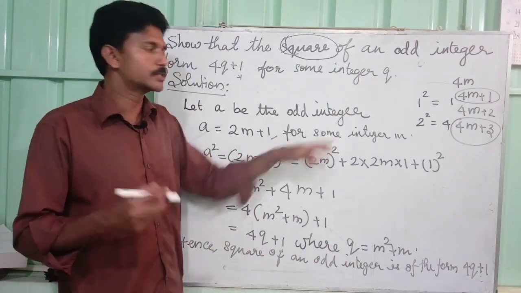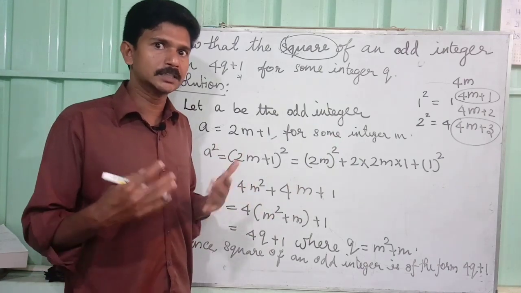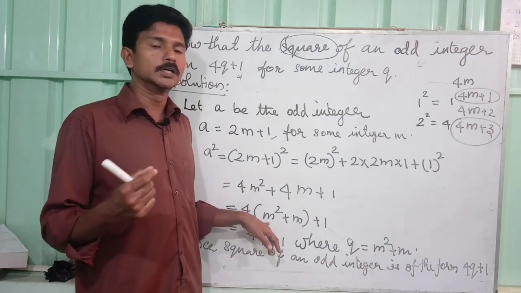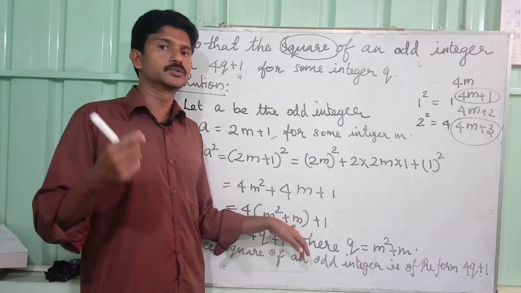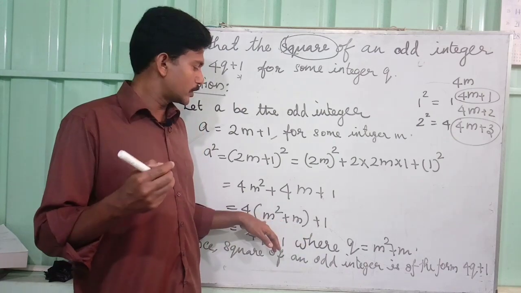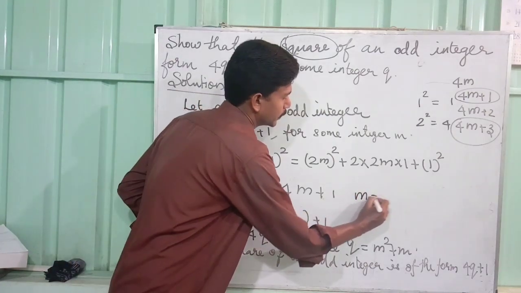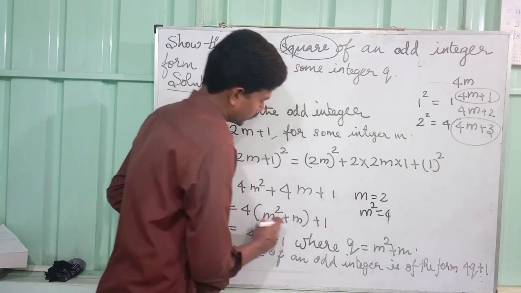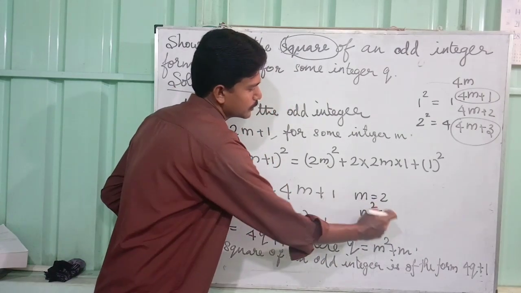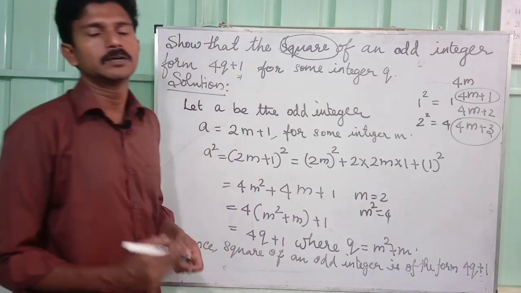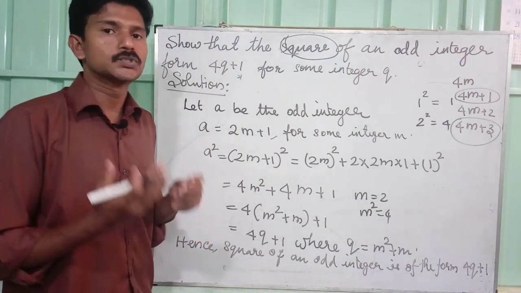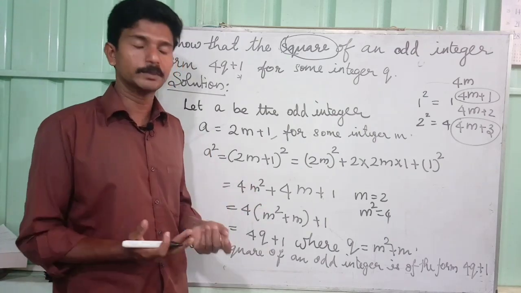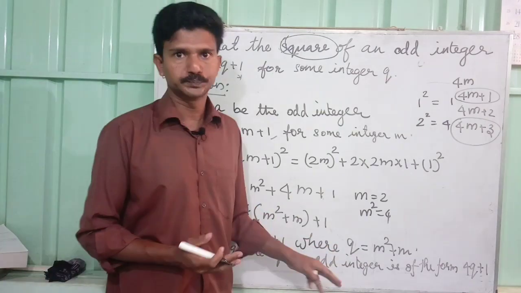We said that m is some integer. Let it be 2. Then m square is 4, so m square plus m is 4 plus 2, which is 6. 6 is another integer, some integer that can be represented by any alphabet, so we use q instead.